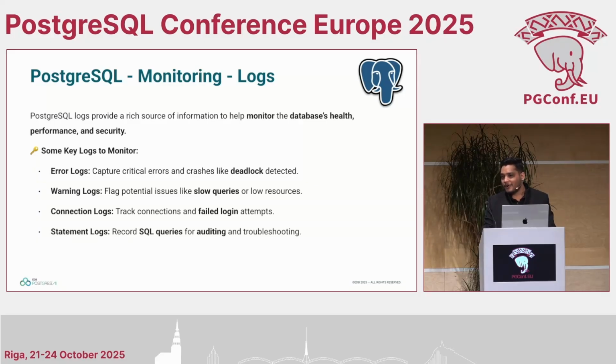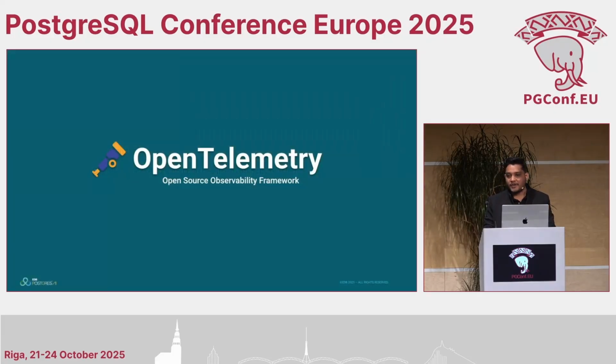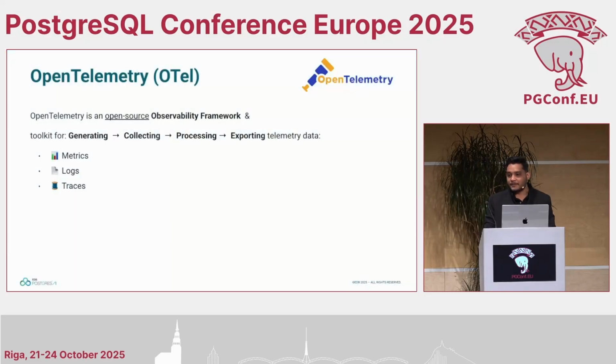Now, focusing on the core thing which will connect all the dots: OpenTelemetry. OpenTelemetry is the open source observability framework, which helps us unite all this kind of data from different platforms. Again, the concept of observability is metrics, logs, and traces.